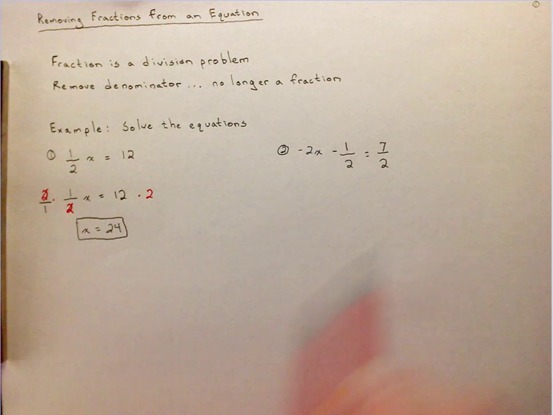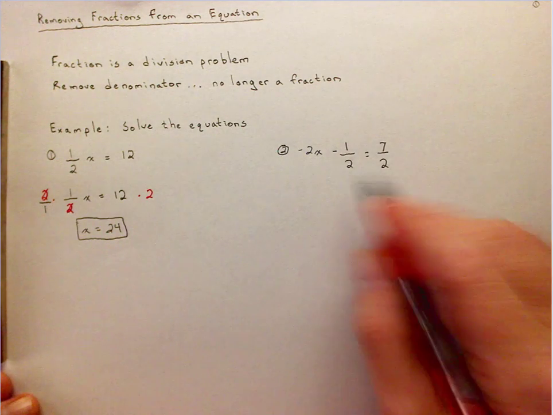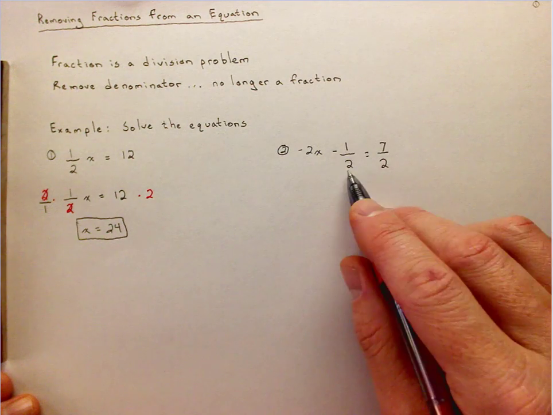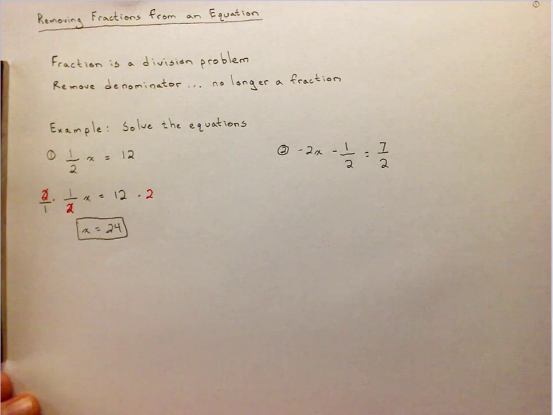The first thing that we do is we look for a common denominator. And in this problem, we have it. We have a common denominator of 2. All of my fractions have 2 as the denominator. Those are the easiest ones to do. I simply need to multiply through this entire equation by 2.